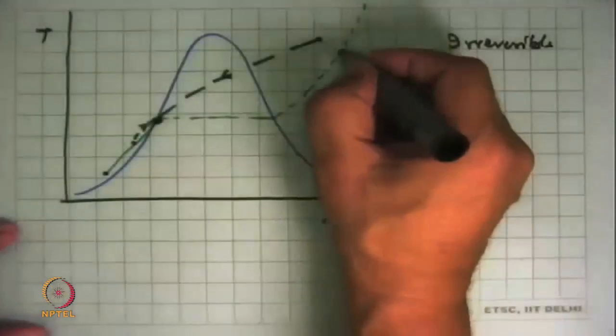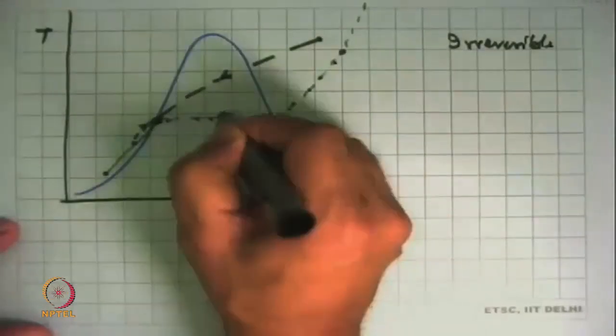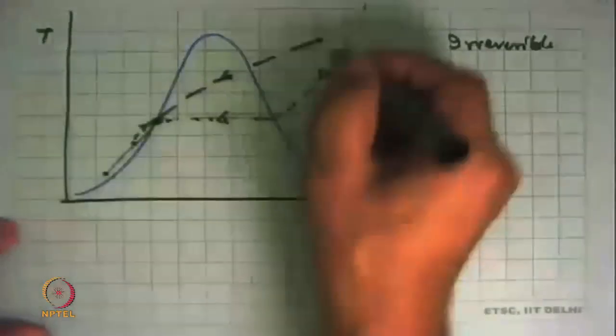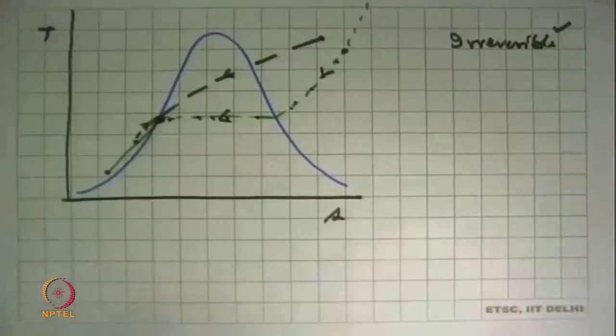If it was this state, it would have again come there, but if you want to show it this way, that dotted lines coming there, that's okay. But even if you just join it here and show it by a dotted line, because it's an irreversible process, that's also okay. So that's what we are doing here.